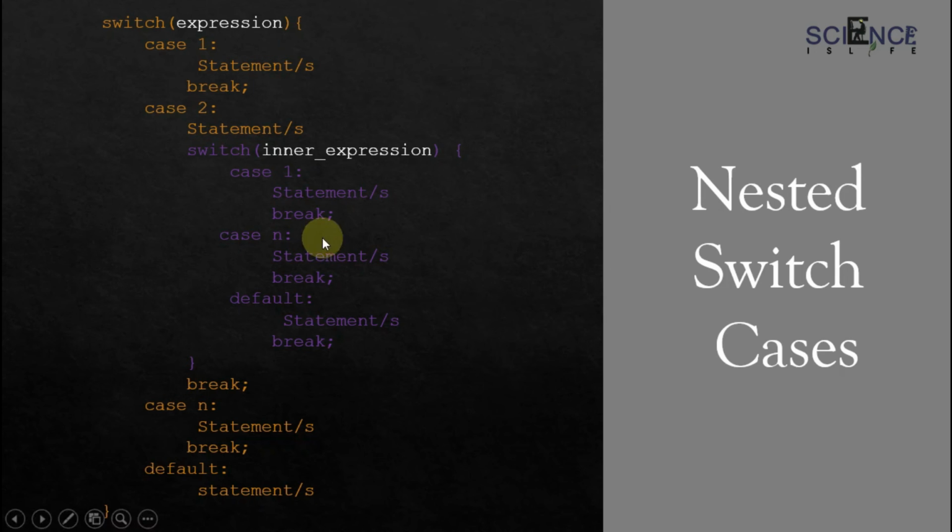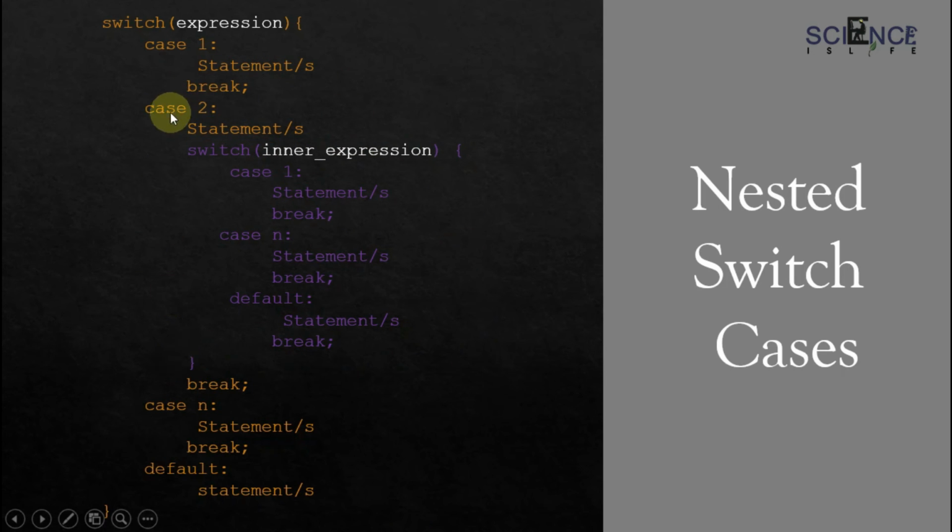So how to use nested switch cases? Here this is my main switch case in orange color. I am putting an expression here, and there may be several cases. Within a particular case I need to have another switch case.